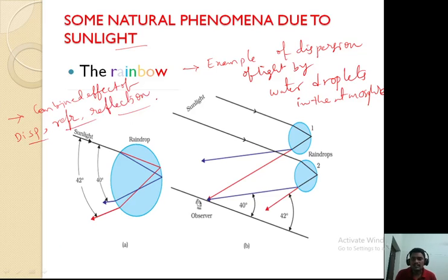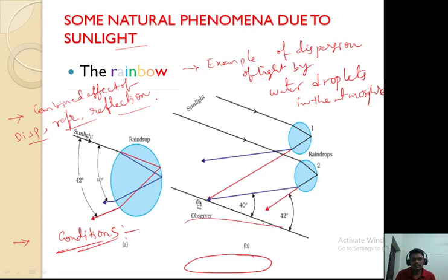And what are the conditions to observe a rainbow? In order to see the rainbow in the sky, let this be the earth and this is the sky. The sun should be shining in one part of the sky, and it should be raining in the other part.